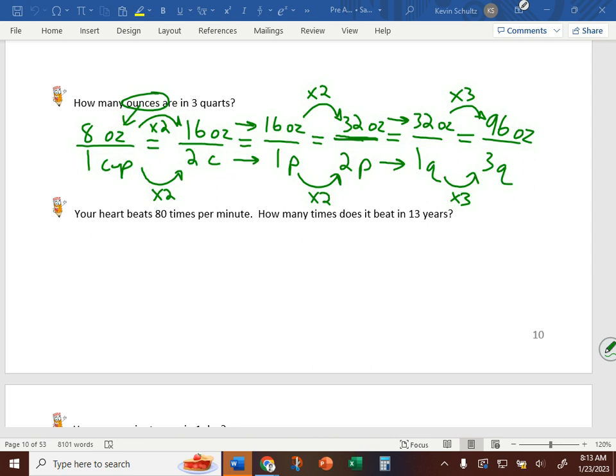Right? So our starting unit is what? What's our first fraction going to be here? What's our first rate? Your heart beats 80 times per minute. What is that as a rate?